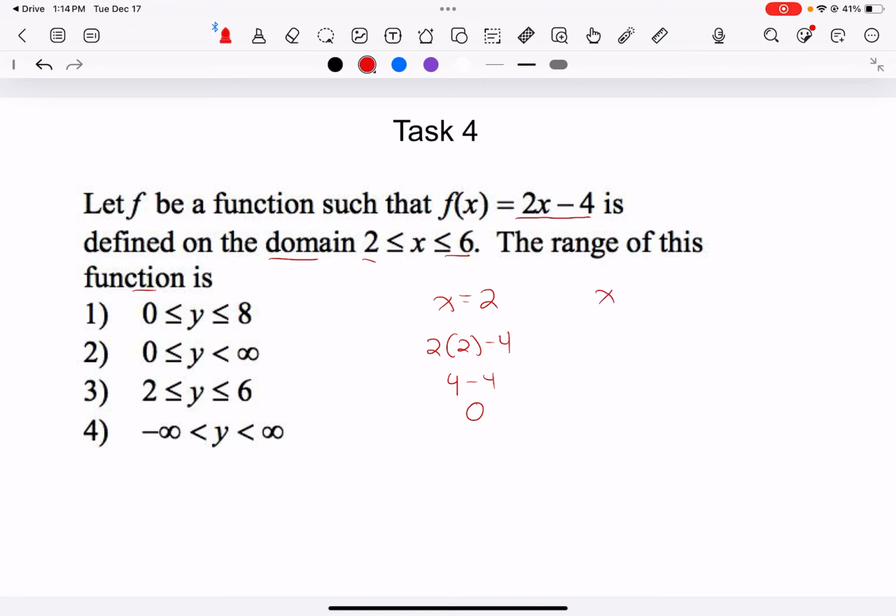Then we're going to pick the high value for the x, which is 6, and we're going to do 2 times 6 minus 4. 12 minus 4 is 8, so that means our range is going from 0 to 8, which would be answer choice 1.